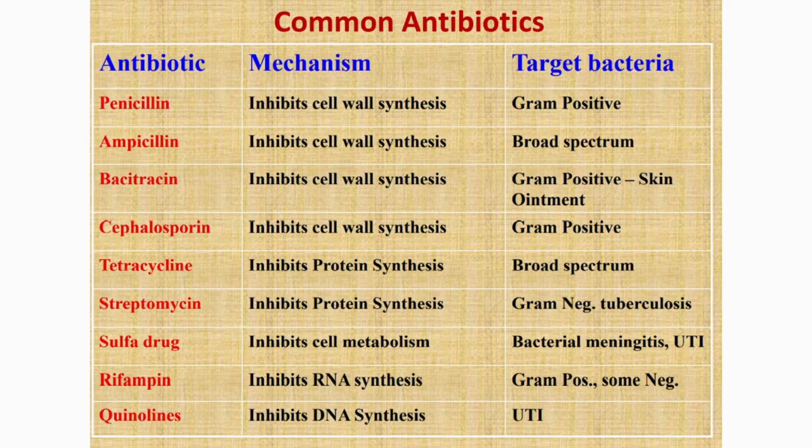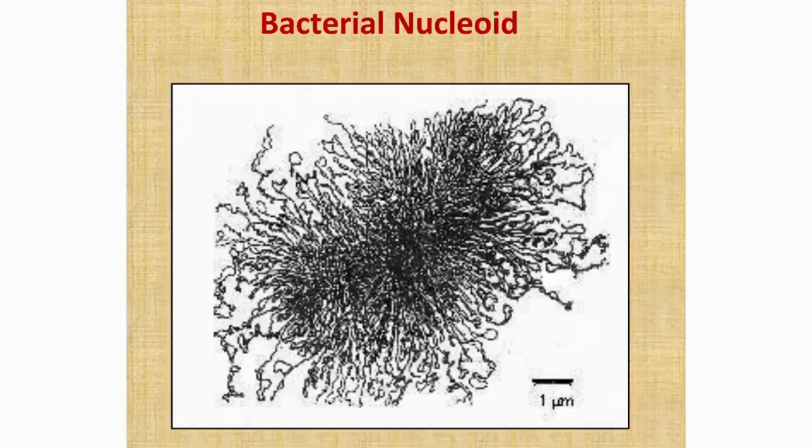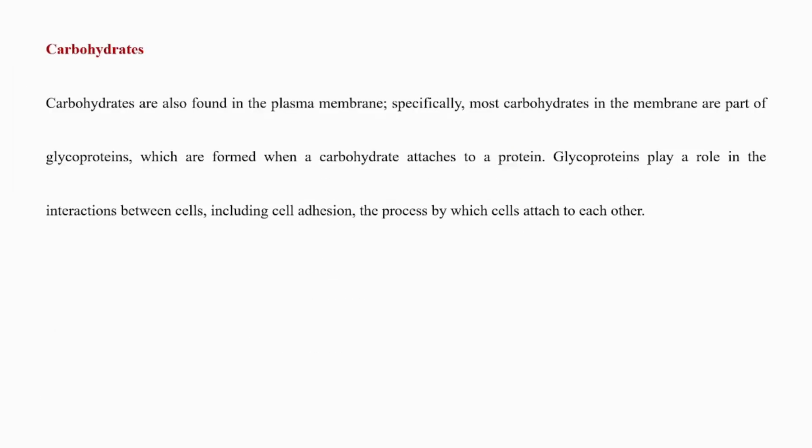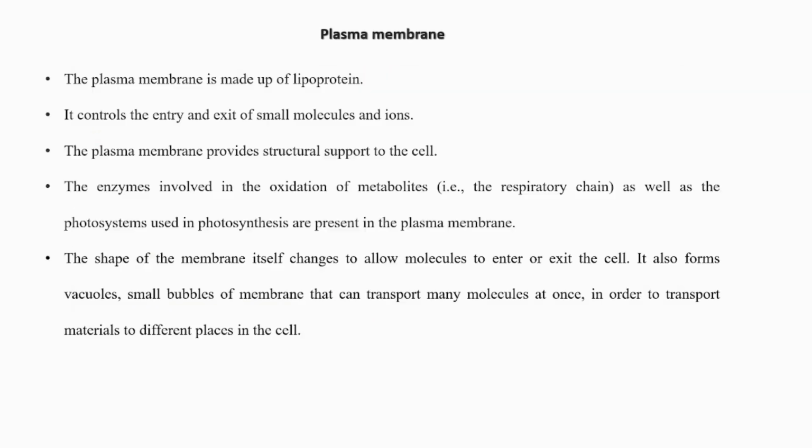So these antibiotics target different things such as cell wall synthesis, protein synthesis, RNA synthesis, and cell metabolism. They have different targets. So with this, let me conclude today's session, which gives an overview of the components of the cell.